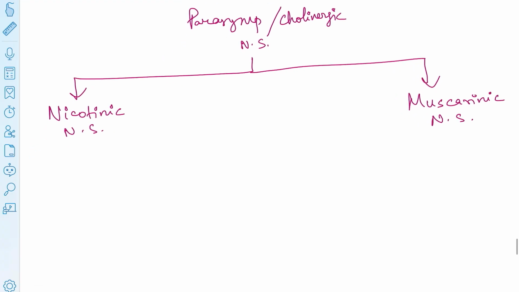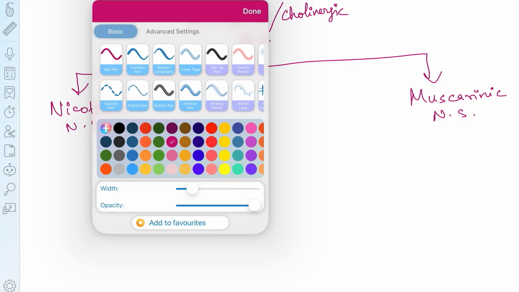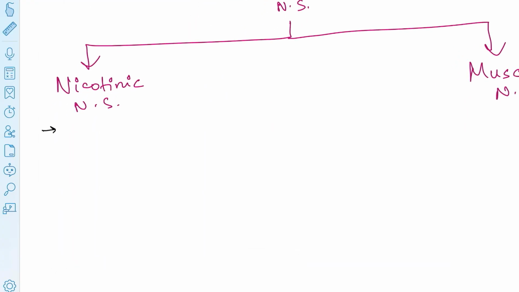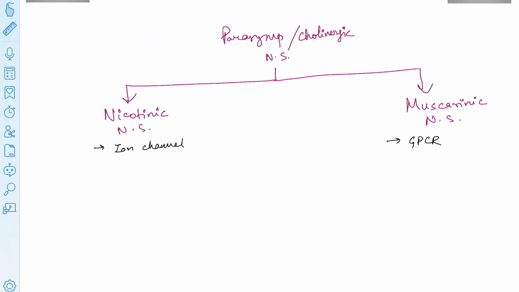Just to give you a brief overview of what happens in these classifications: nicotinic receptors, or the nicotinic innervations, are mainly ion channels. The nicotinic receptors are ion channels in nature, whereas the muscarinic receptors are G protein coupled receptors. I'll be talking about them in detail when I discuss them one by one.